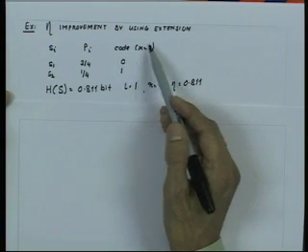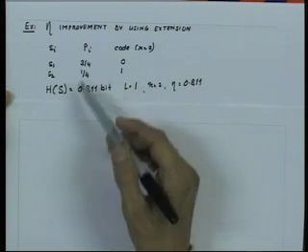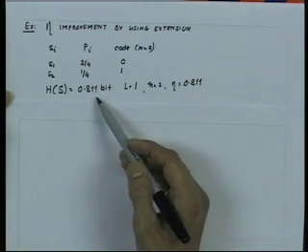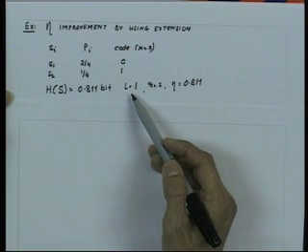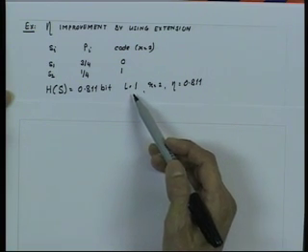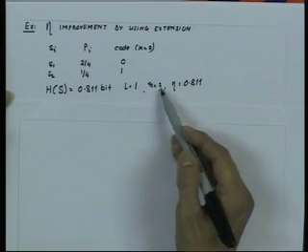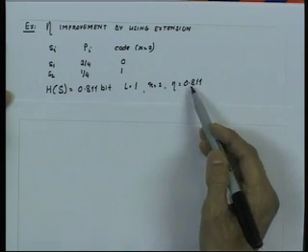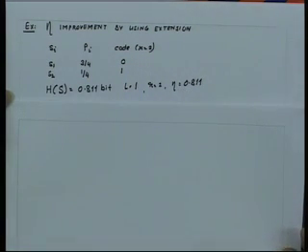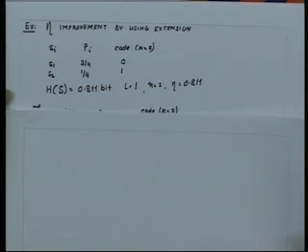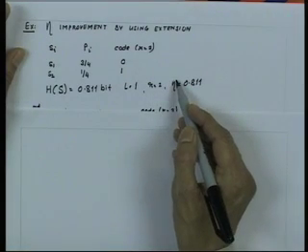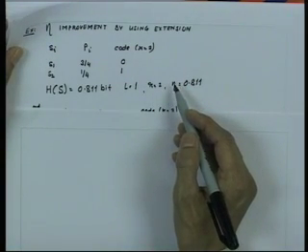The simple way, for a binary code, is to use 0 and 1. The entropy of the source is 0.81 bit. The average length is obviously 1. This is a binary alphabet, so R is equal to 2, and the efficiency turns out to be 0.811.